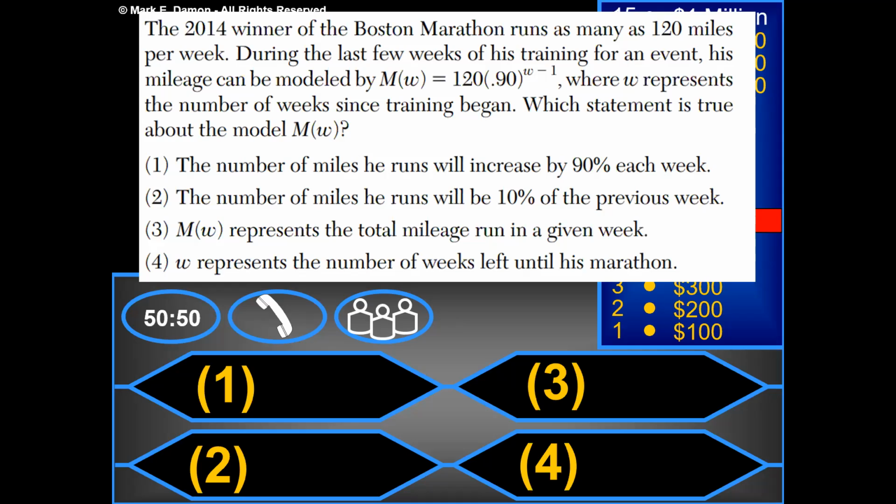All right, some answers are starting to come in for 2,000 points. What do you think is going on in this function? All right, I got 4 answers so far.